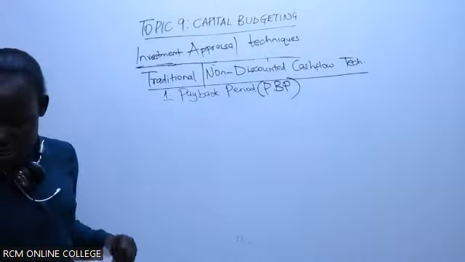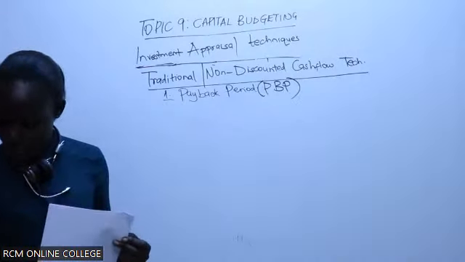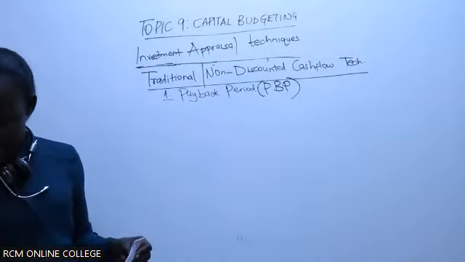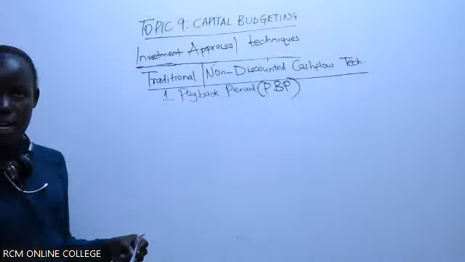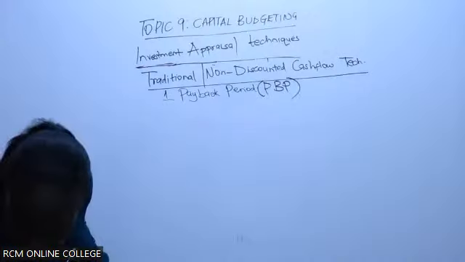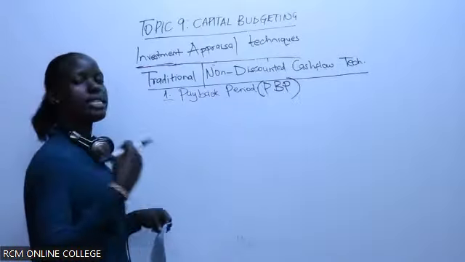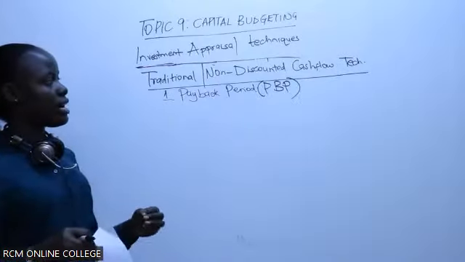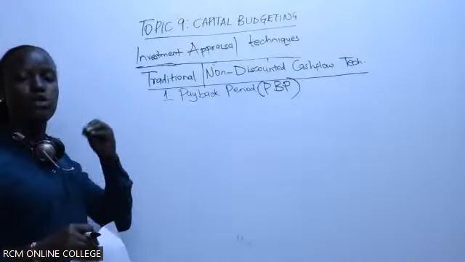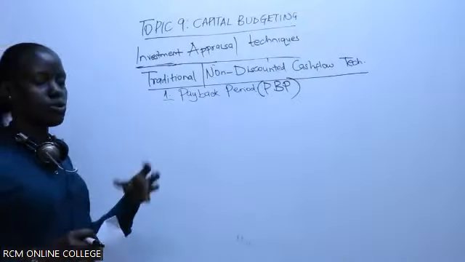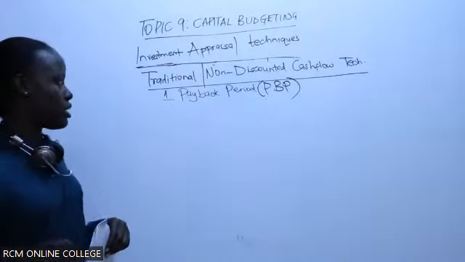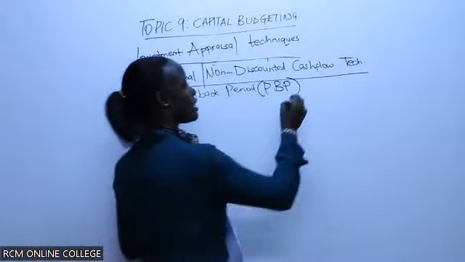So the payback period is the time it will take for a project to refund the amount that was used in launching it. So this is basically just the time.